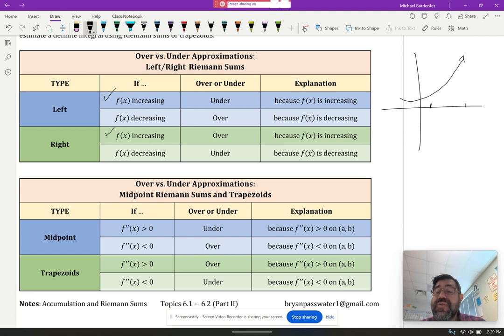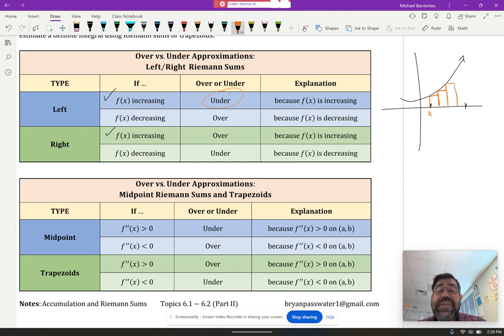And if I were to start drawing left-sided rectangles, I start at the first left side endpoint and go over, go over, go over, but the height of the curve is determining the height of the rectangle, right? But I'm starting from the left side. And as you can see, all of these rectangles are under the function.